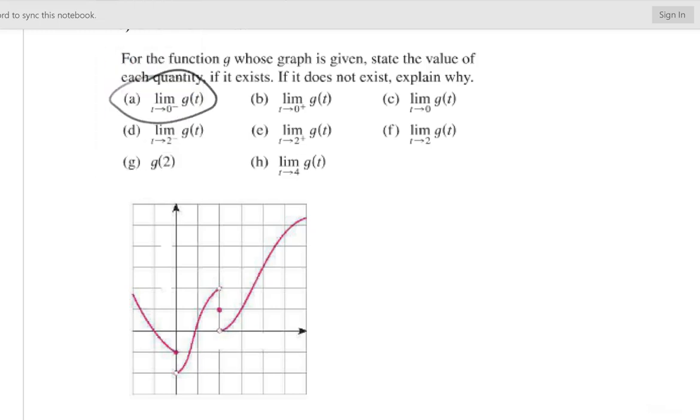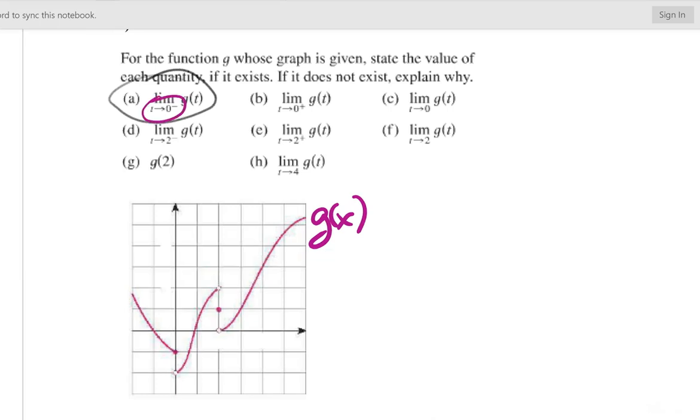So g of x is this function. So let's see what's happening as t is going to 0 from the left. Apparently this is the t-axis, and this is the g-axis here. All right. So as we come in from the left.